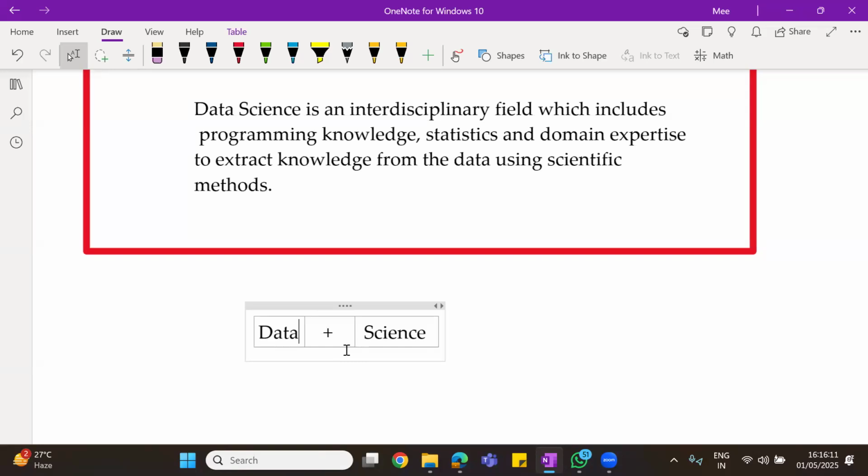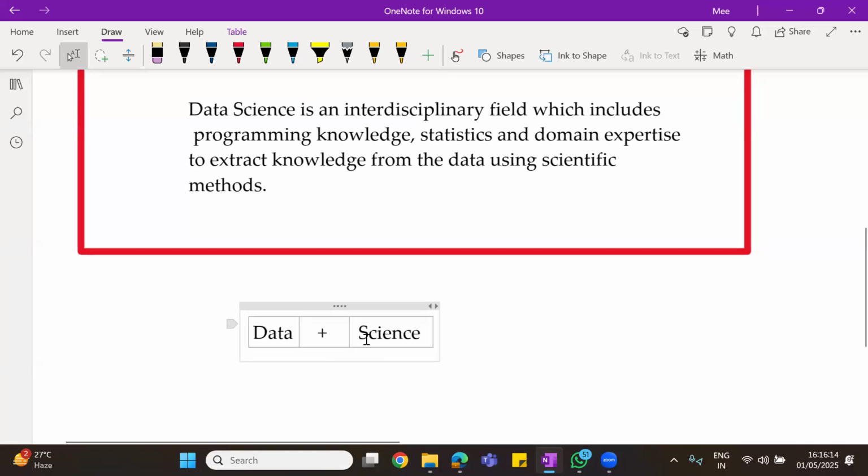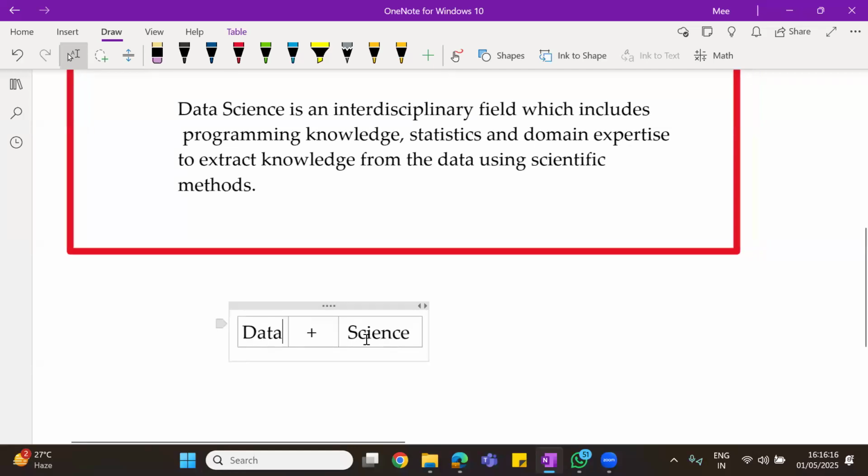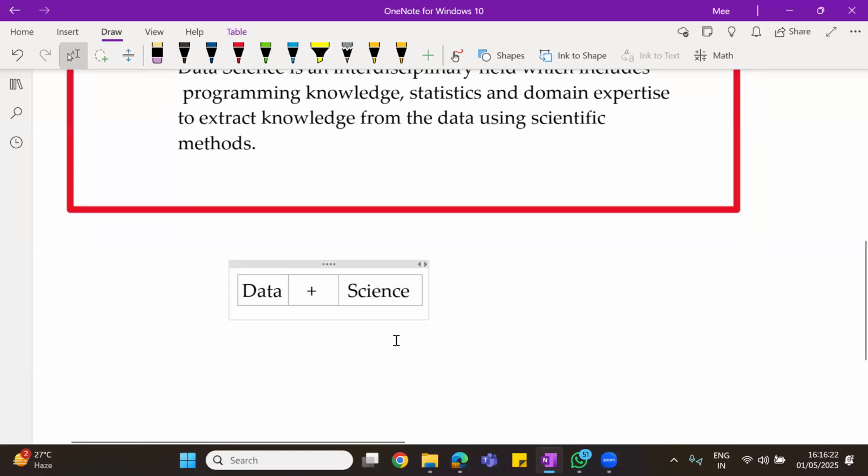We will go into that. But as of now, data is nothing but a collection of characters, numbers, symbols, and a combination of all of them. Now, what is science? In simple terminology, science is when you take any particular sector and you do a very detailed study, which you can call research work.